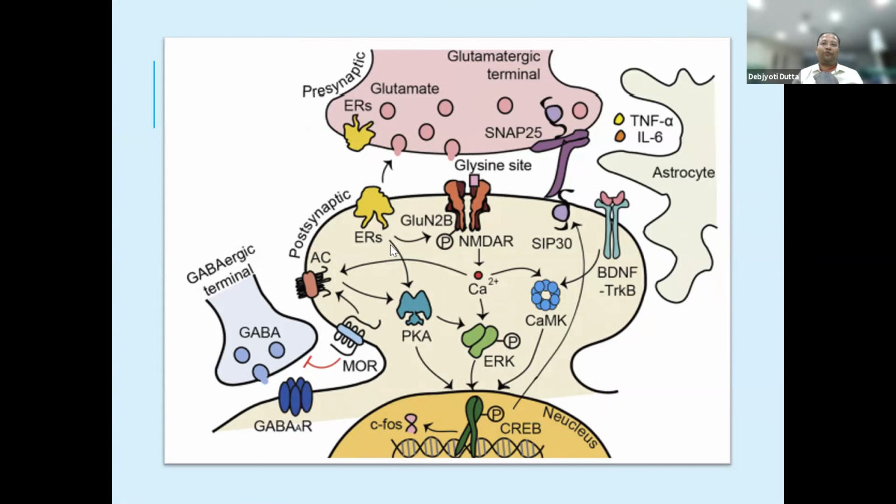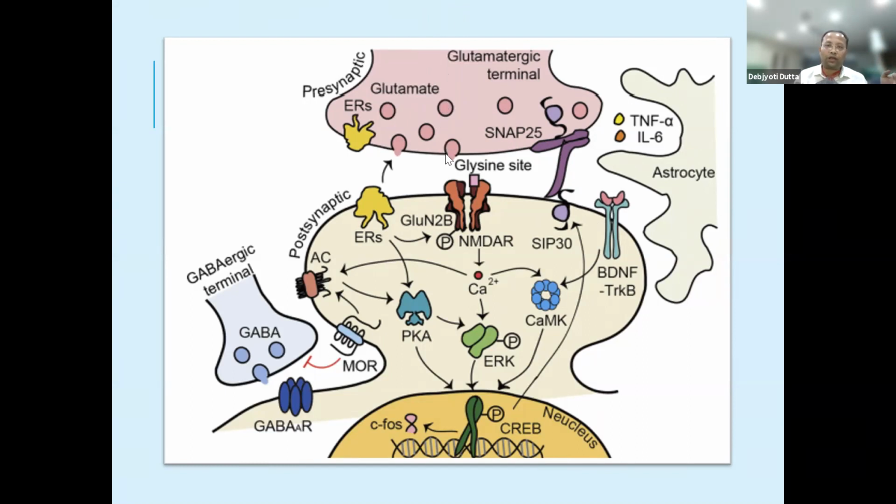So okay, this is a presynaptic, it is a typical synapse. The presynaptic terminal is like this, this is the postsynaptic, and this is the synaptic cleft. When there is an electrical signal in the axon, it comes from the upper side and hits the synaptic vesicles where the neurotransmitters are located.